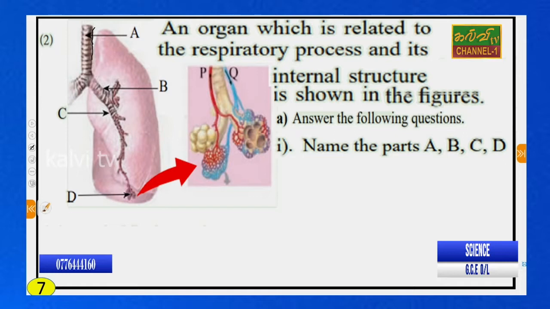When you see from top to bottom, this is a very narrow tube that has been produced.